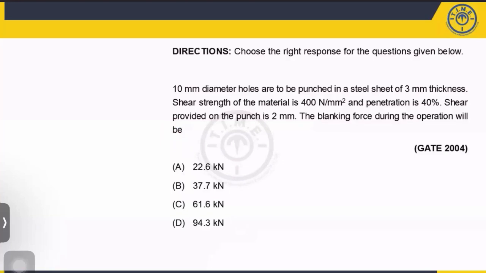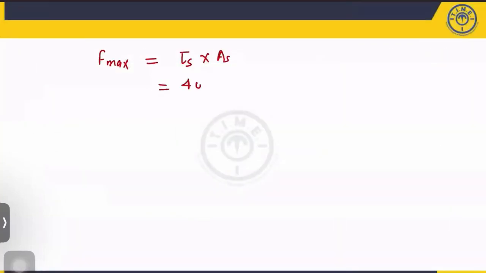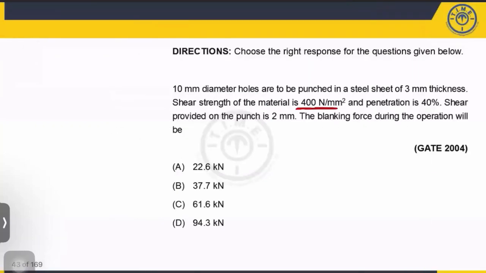First of all, you will calculate the maximum force. The maximum force is nothing but the shear stress into area. What is the shear strength? The shear strength is 400 Newton per millimeter square. That means this value is given as 400. What is the shear area?